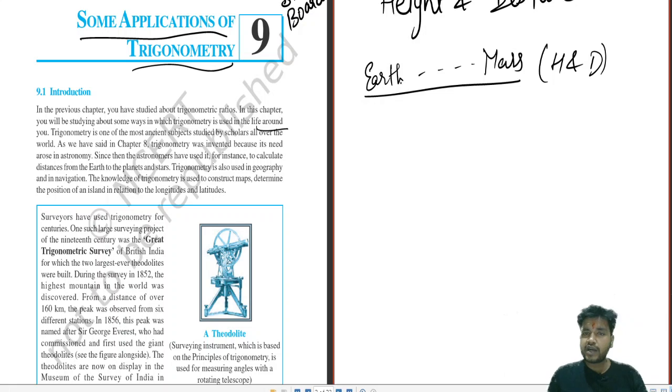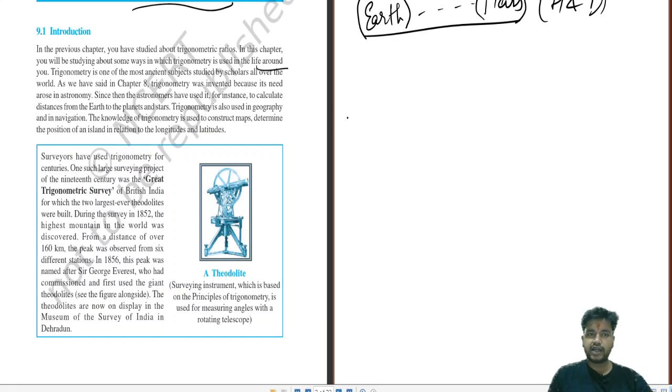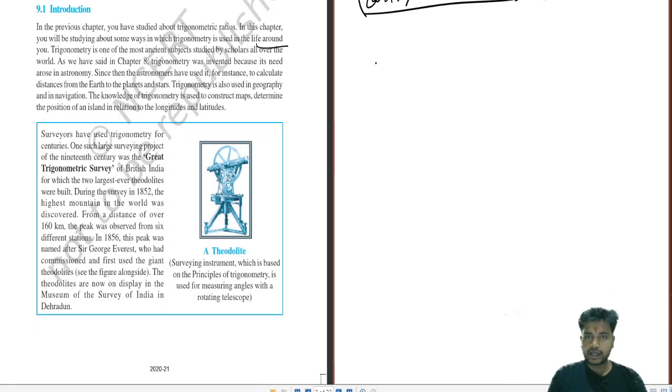But nowadays, if you don't want to go this far, you can go for a basic thing like why do we study height and distance, why do we study trigonometry. Let's look into the real picture. Let's take an example. You are standing over here, this is Monu, hypothetical, and this is me, standing on a 3-storied building.